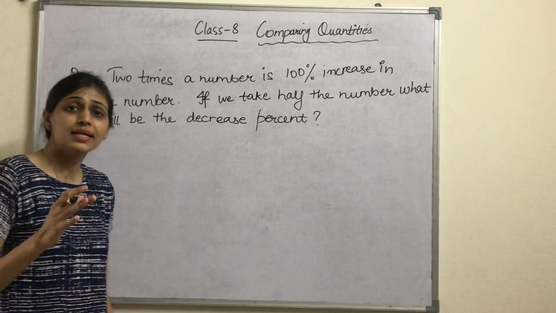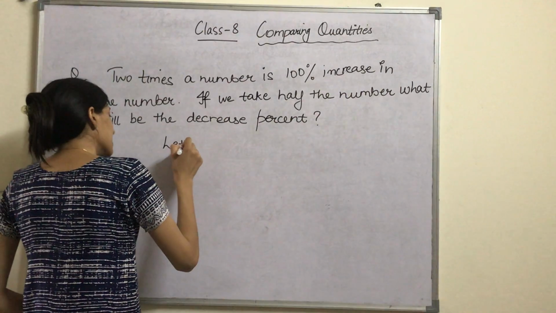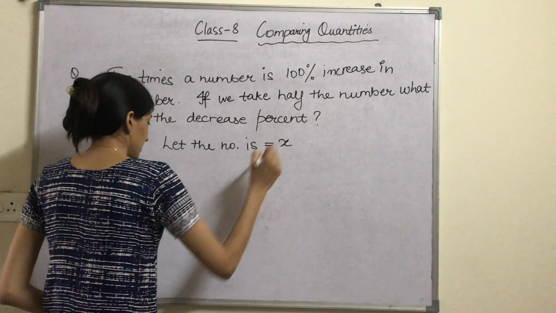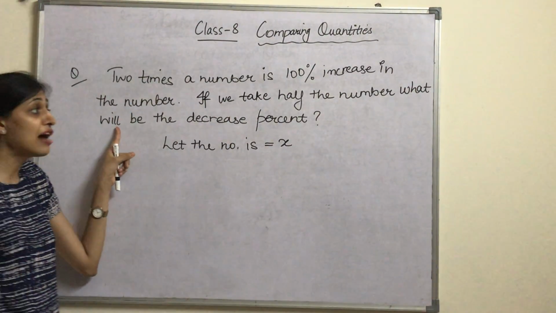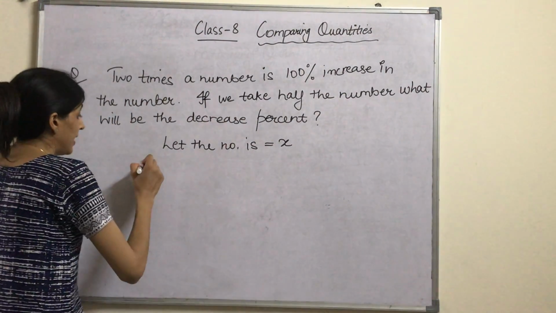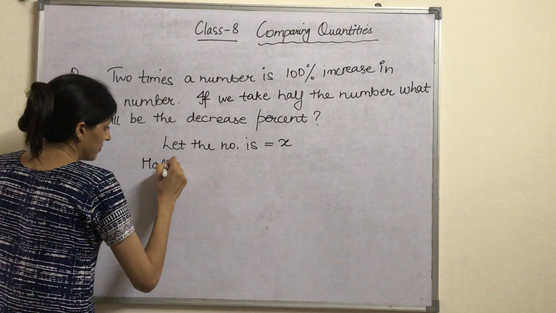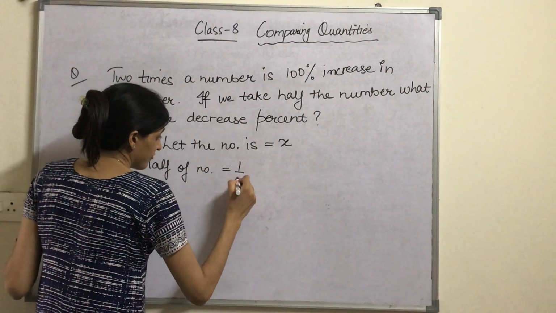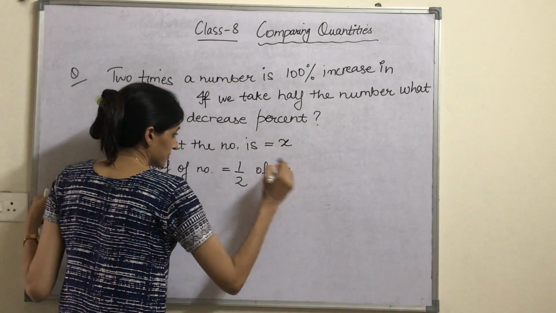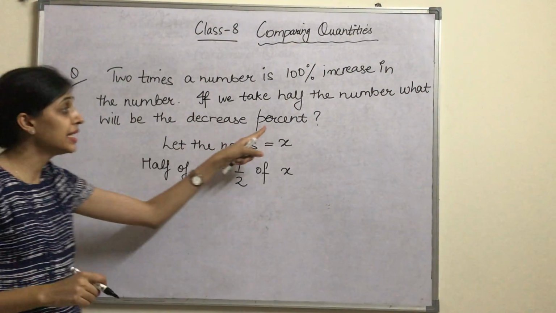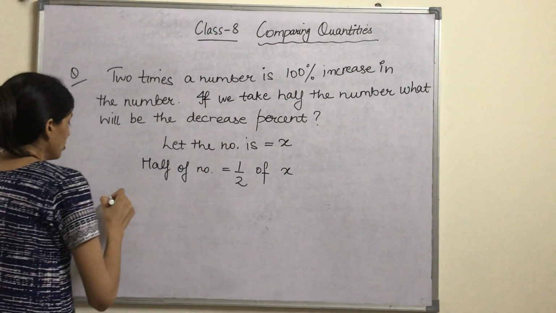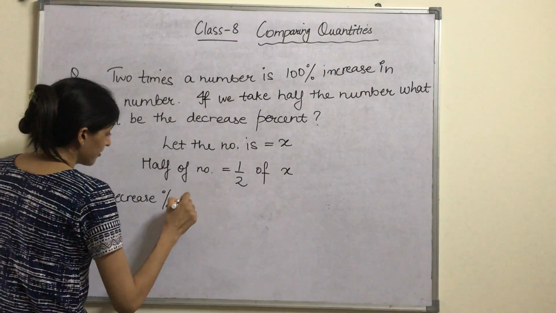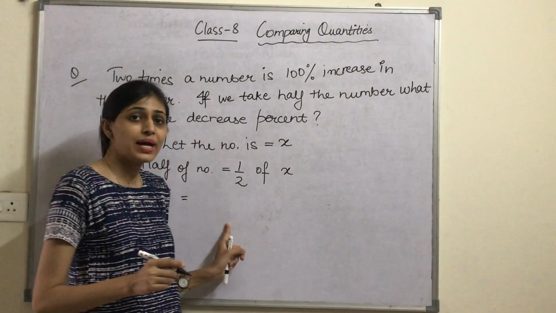We don't know what the number is. Let the number be x. If we take half of the number, half of x, what will be the decrease percent? We know the decrease percent is the difference upon the original value into 100.